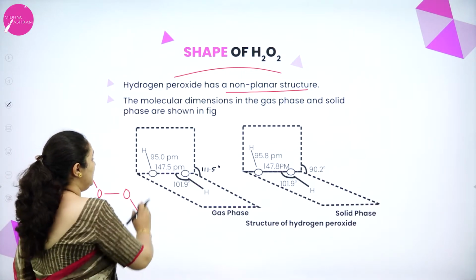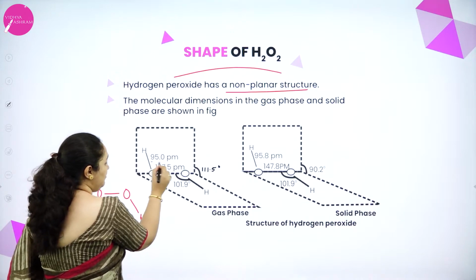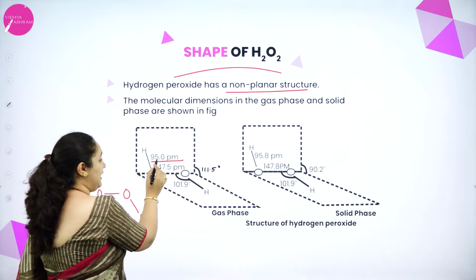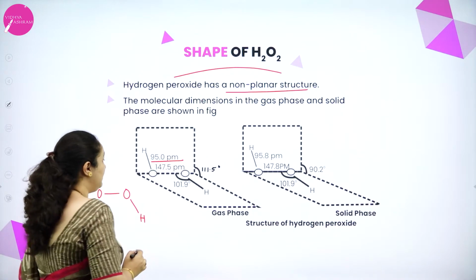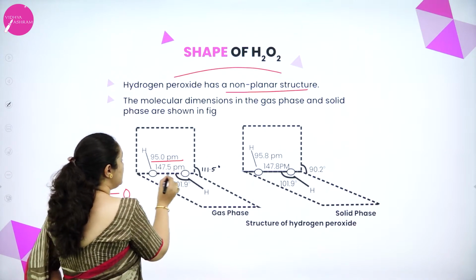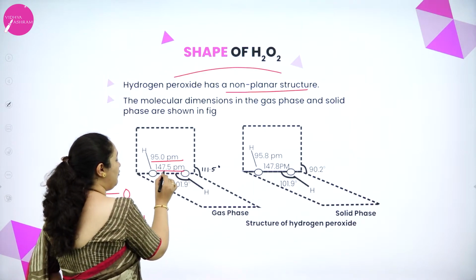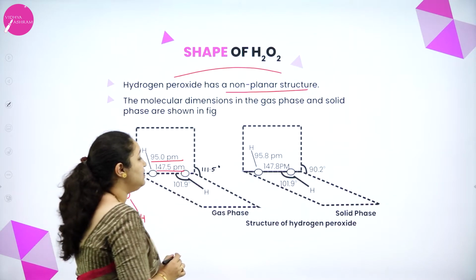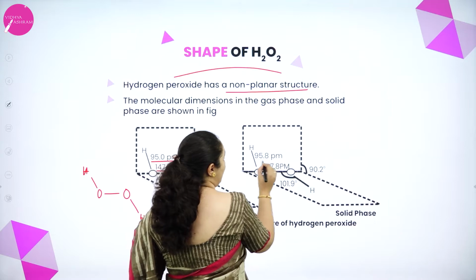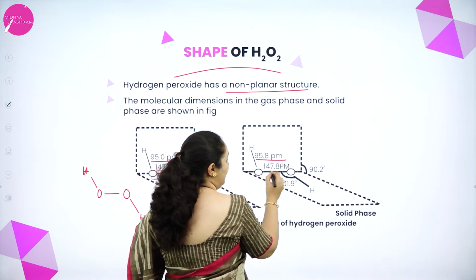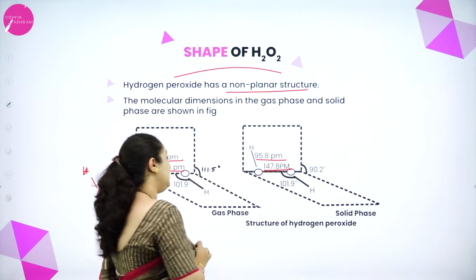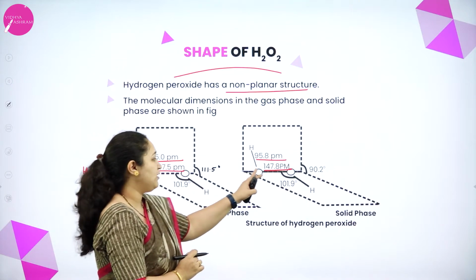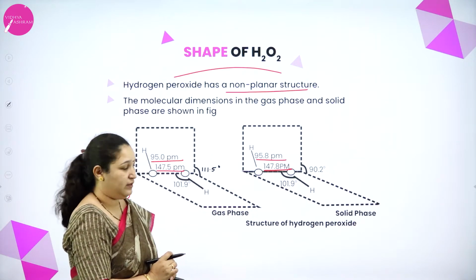So you can see the hydrogen oxygen bond length is 95.0 picometer and oxygen to oxygen bond length is 147.5 picometer in gas phase, whereas in the solid phase, oxygen to hydrogen it is 95.8 and oxygen to oxygen it is almost the same, it is 147.8 picometer.